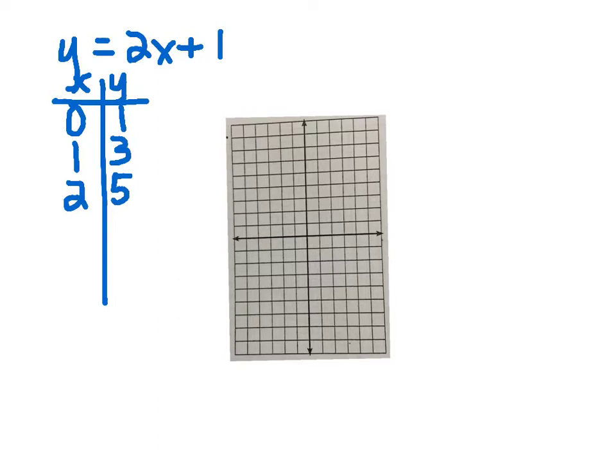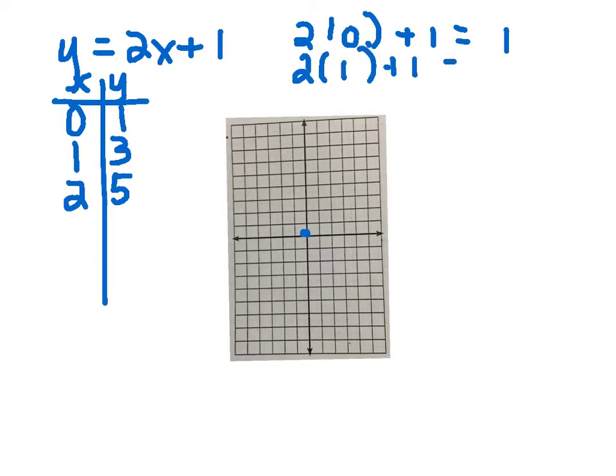The point 0, 1 makes this equation true. 2 times 0 plus 1 is equal to 1. So 0, 1 is a solution. 2 times 1 plus 1 is 3. So the point 1, 3 is a solution. 2, 5 is a solution.